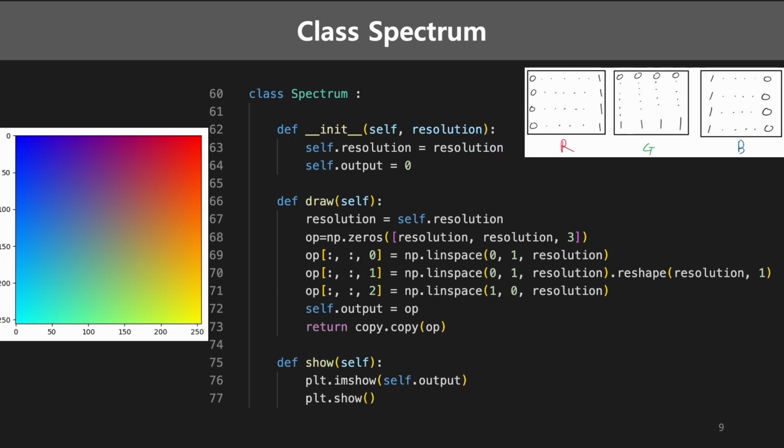For the blue channel, I set each row to a linearly spaced array between 1 and 0. This creates a gradient from right to left. And then I store the generated color spectrum in the output member variable and return a copy of it. In the show method, I display the color spectrum using plt.imshow and plt.show.